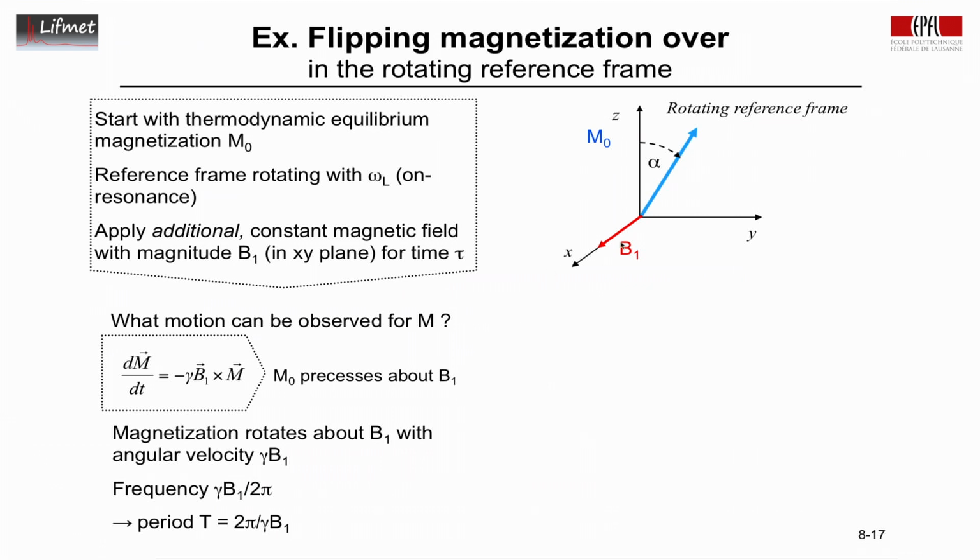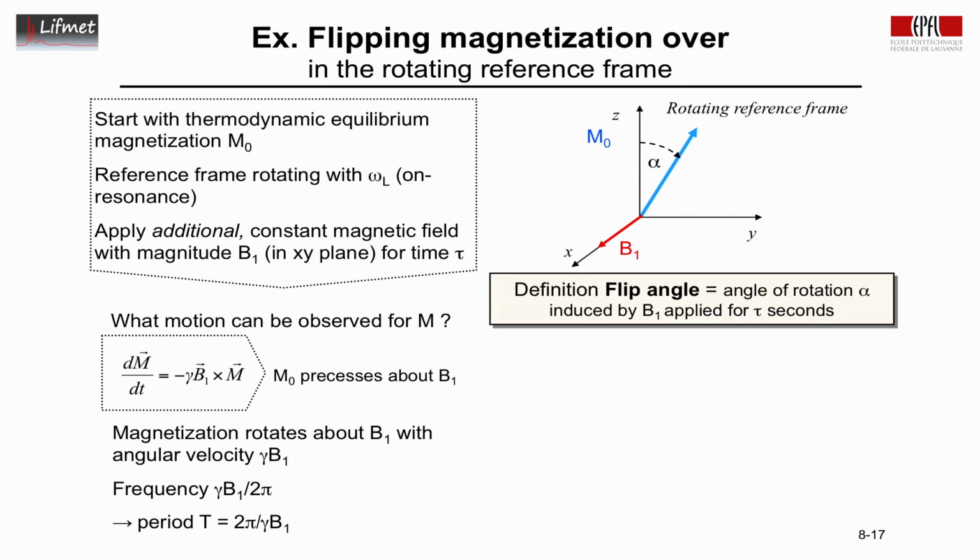If the B1 is along X, then M0 will precess in the ZY plane, and after time tau, it has undergone a rotation by the angle of alpha. This angle is important, so I'll define it here. This angle is called the flip angle. It describes the angle of rotation induced by, in this case, this B1 field that was applied for tau seconds.